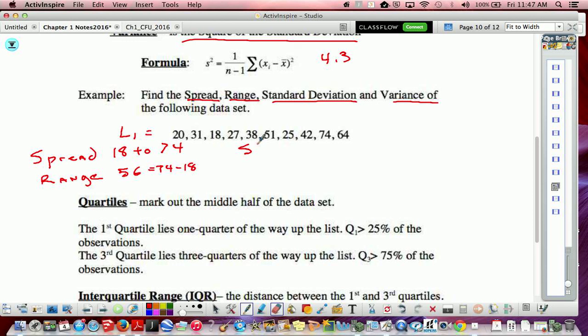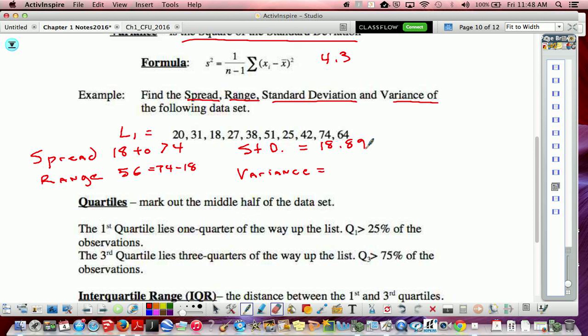Standard deviation. 39? Okay. And variance. What was the standard deviation? 18.89, that sounds right. Variance, what would I have to do with this value?